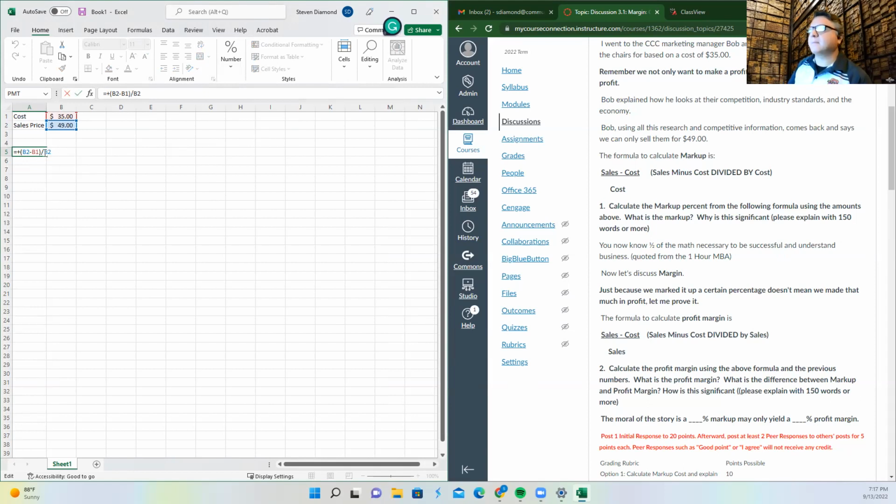No, I made a mistake. You guys got to catch me here. Over the cost. There we go. That's 40%. So our particular markup, and markup is going to be from cost, is going to be 40%.